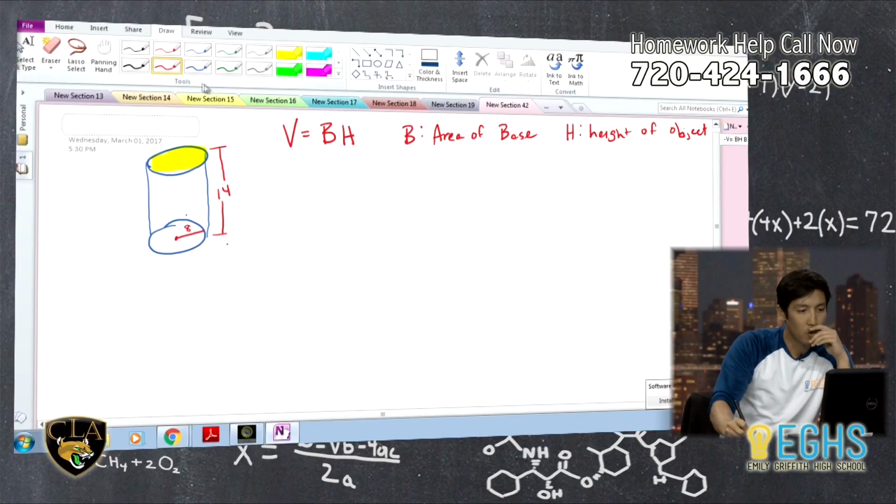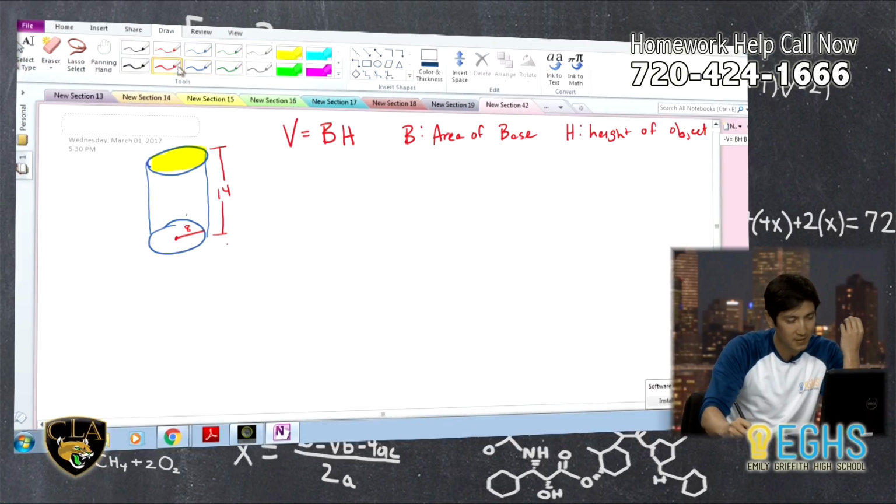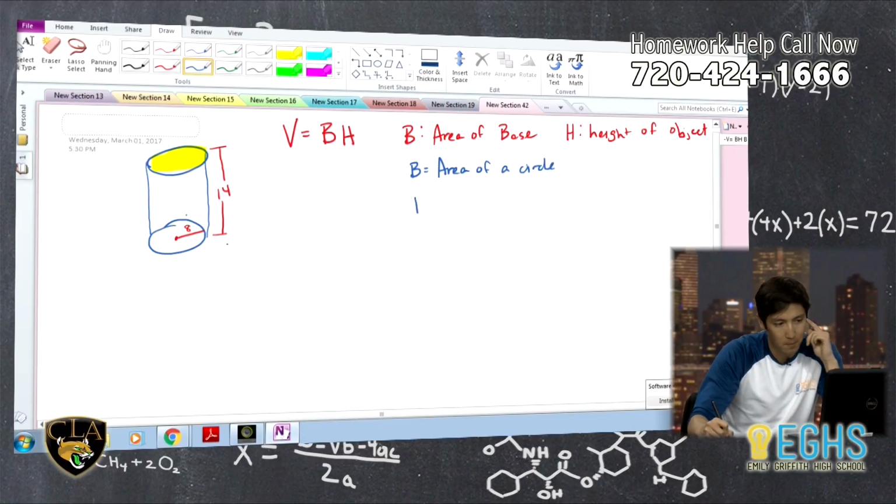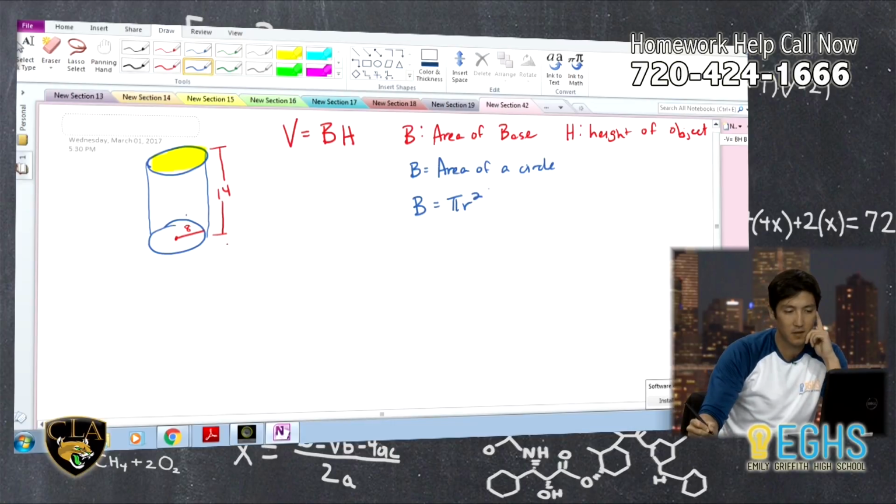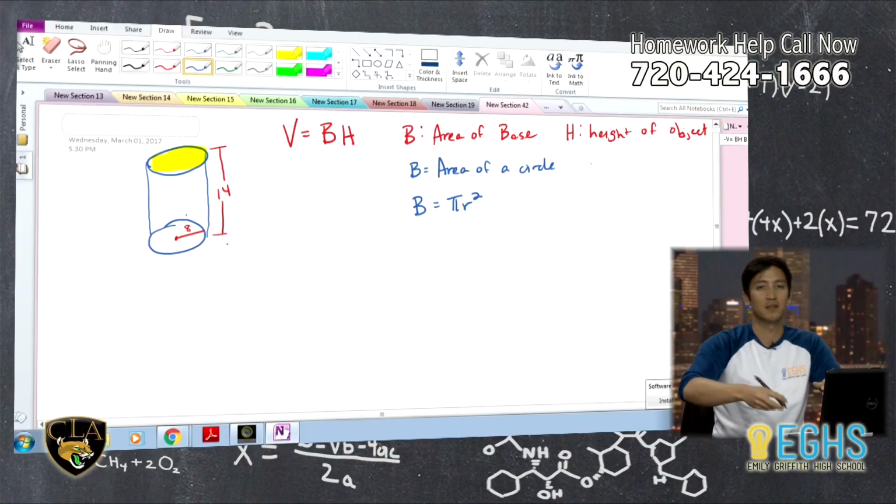So what we actually do is find the area of the base first. In this case, the area of the base is going to equal the area of a circle. So I'm going to write base equals pi r squared. Again, that's just thinking about the two-dimensional shape that makes up this entire figure.